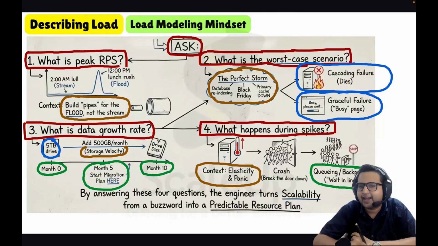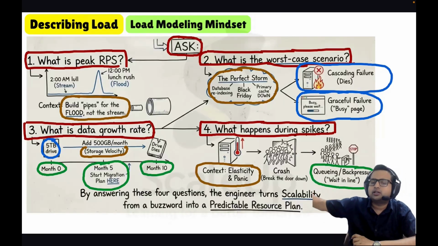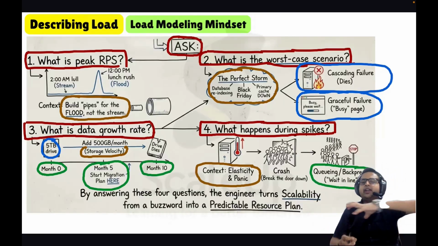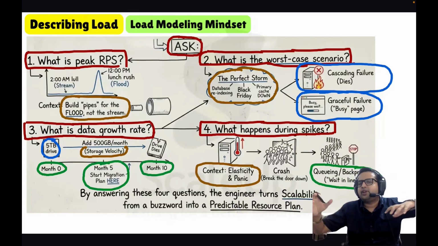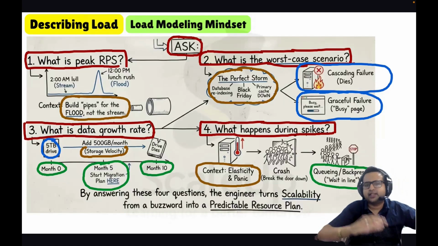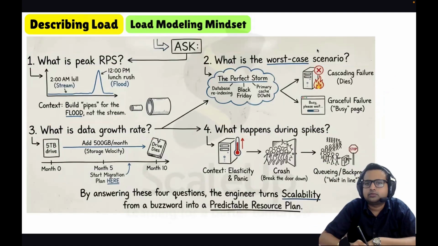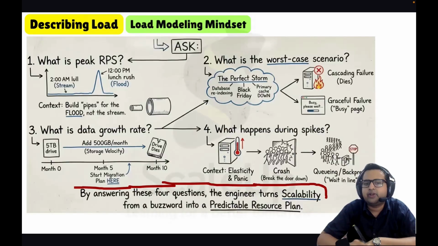The idea is that when there is a sudden spike, instead of flooding all the requests to the system, we maintain a queue, and one by one, we send the requests to the system. In this way, the system will not crash. So, by answering these four questions, the engineer turns scalability from a buzzword into a predictable resource plan.